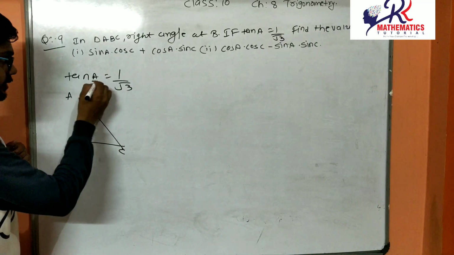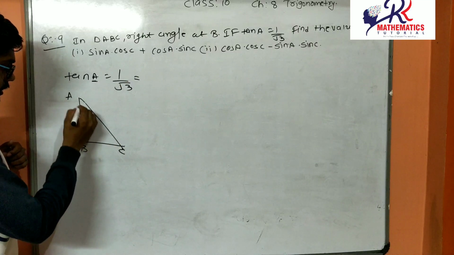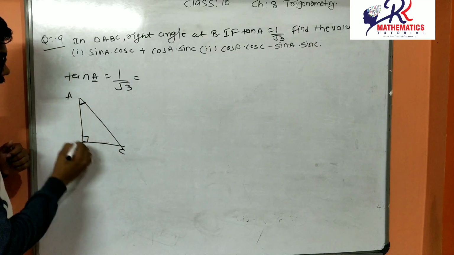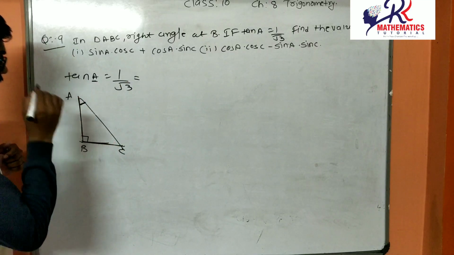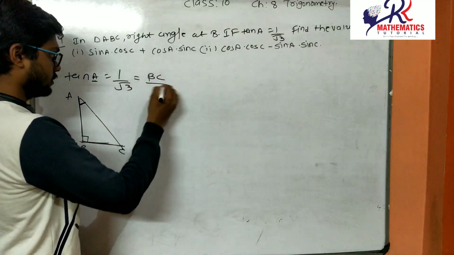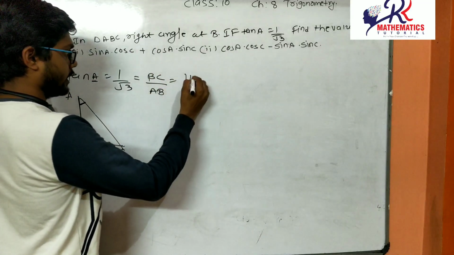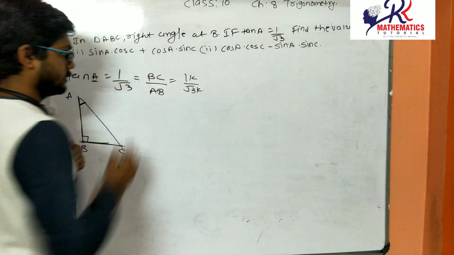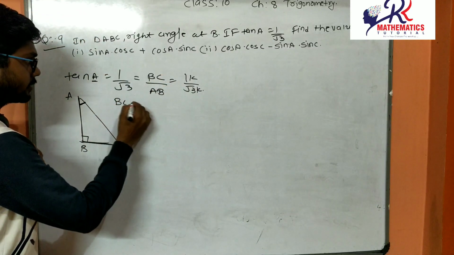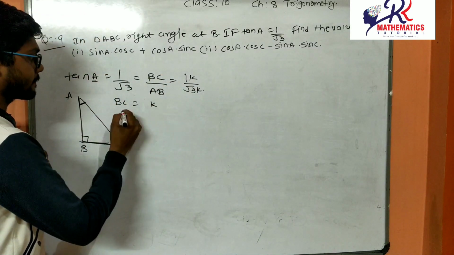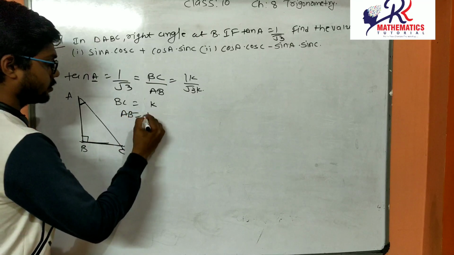Here tan A is given, so it is opposite side upon adjacent side, A is our reference angle. So it is BC upon AB. So it is 1k upon root 3k. So the value of BC is 1k or k. The value of AB is root 3k.